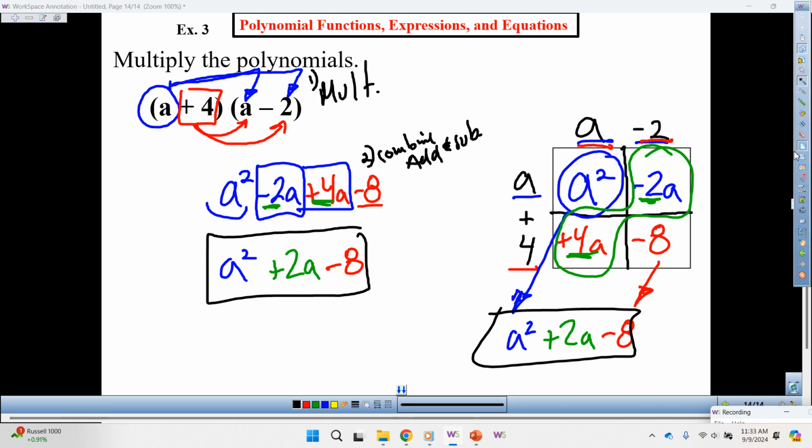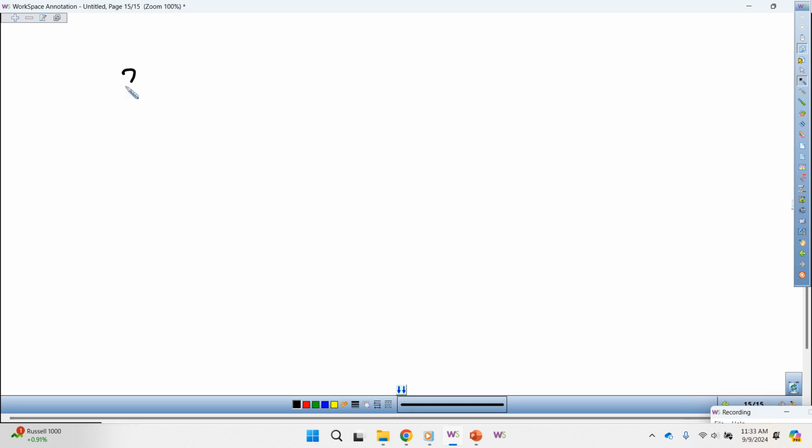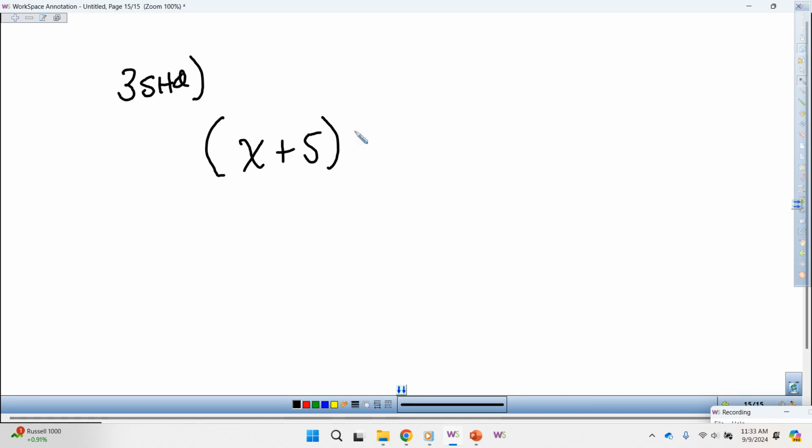Copy this one. Example 3. Parentheses. We got x plus 5. Close parentheses, open parentheses. X minus, give me a number? 2.